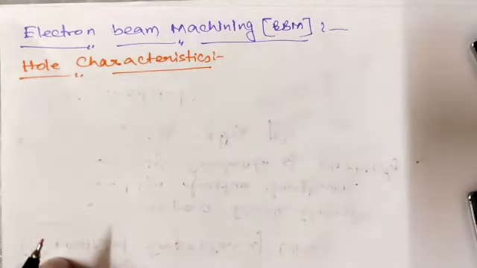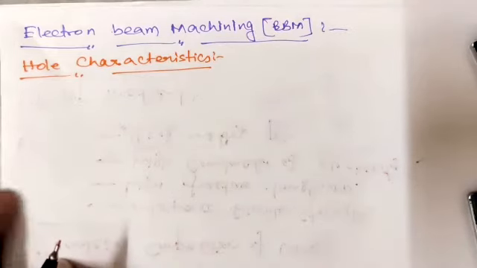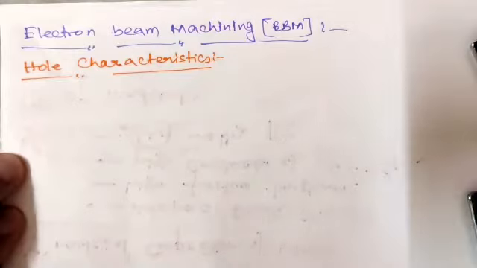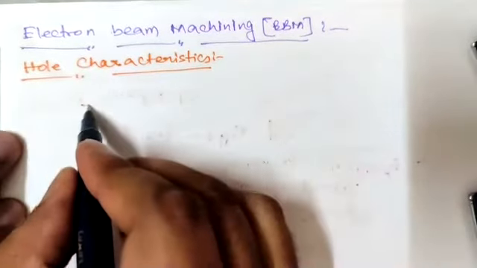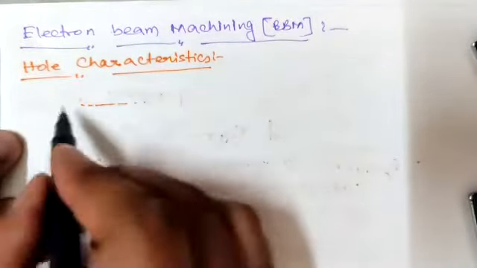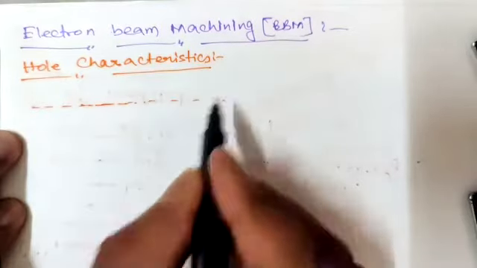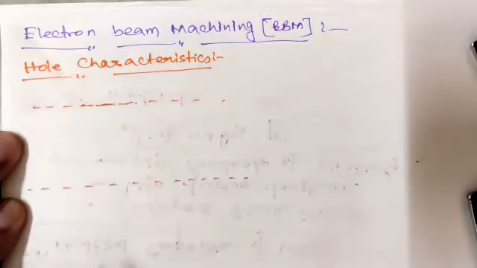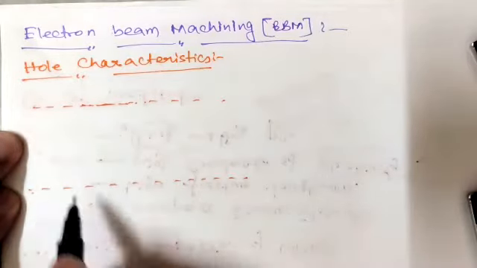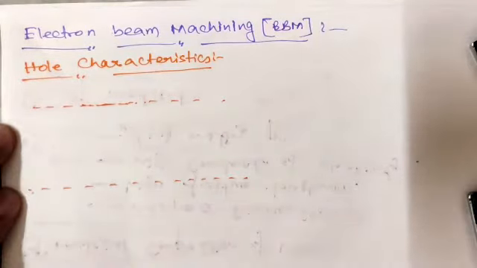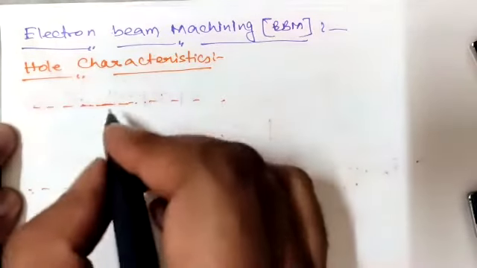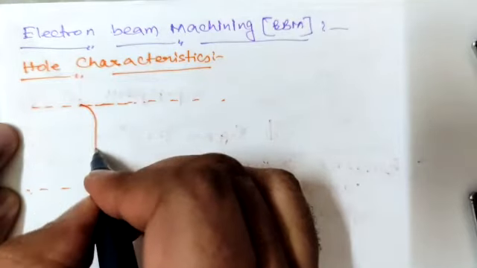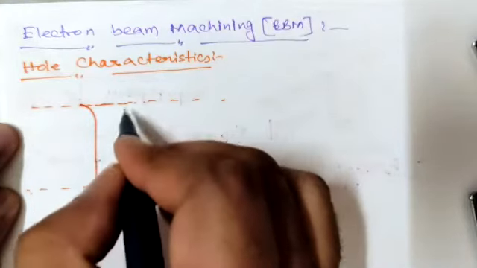First and foremost, I'm going to draw a diagram, which you people also draw along with me, and then one by one, I'll be discussing all these points. So, say we have got the workpiece up to this much, and at the bottom, we will have that auxiliary material, which I already discussed in the last class. Here, our hole will look like this.